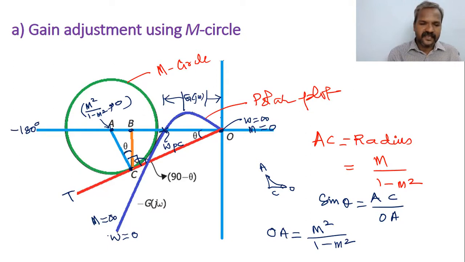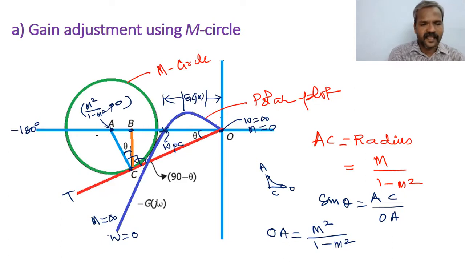From this tangent, a vertical line is drawn to the negative real axis, and that point is B. So what is the value of OB? OB can be calculated from OA minus AB. What is AB?